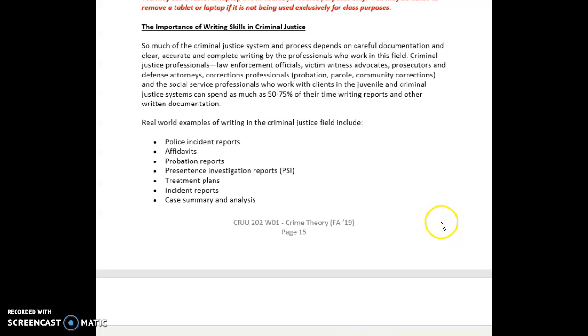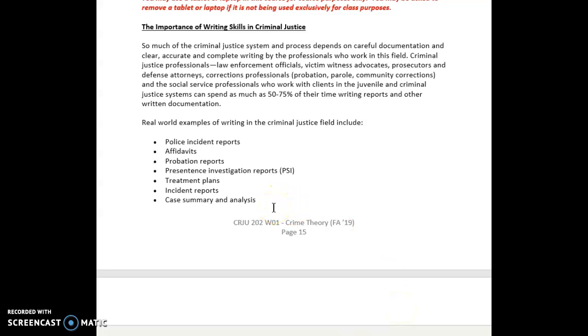Certainly that's true in law enforcement, who must prepare incident reports and affidavits that must be clear, precise, truthful, accurate, detailed, correctly spelled, correctly punctuated. For people who may be interested in probation, pre-sentence investigation reports, probation notes, and treatment plans are important writing that is done by those professionals.